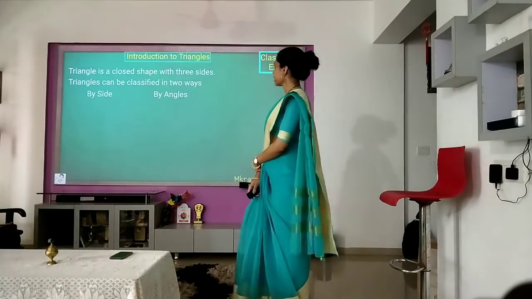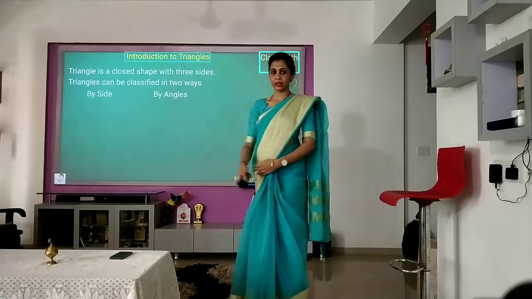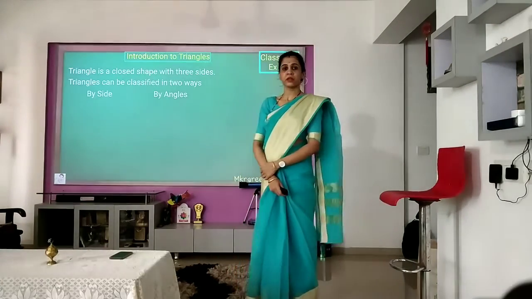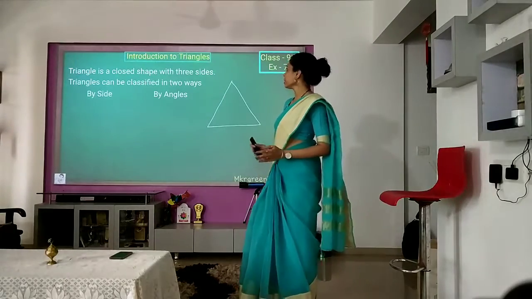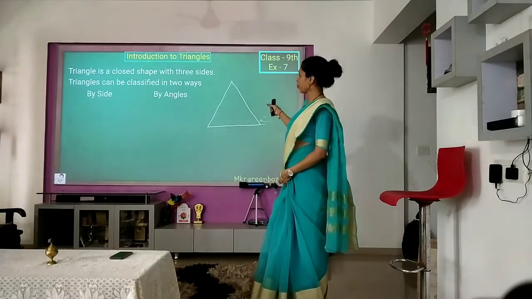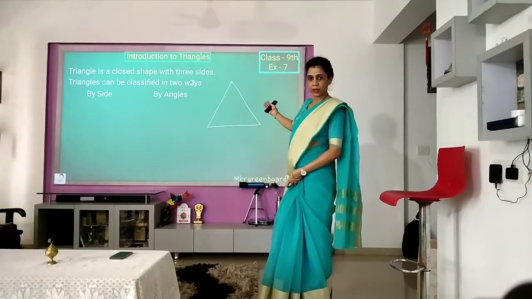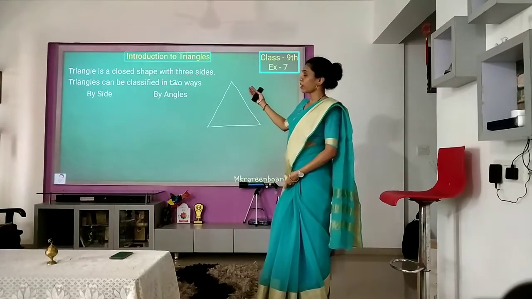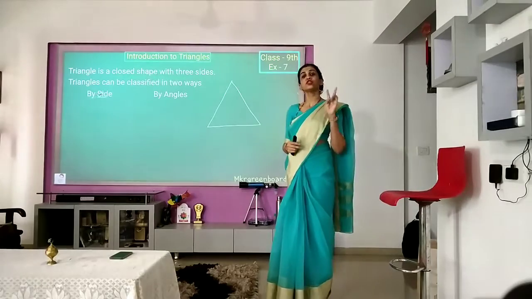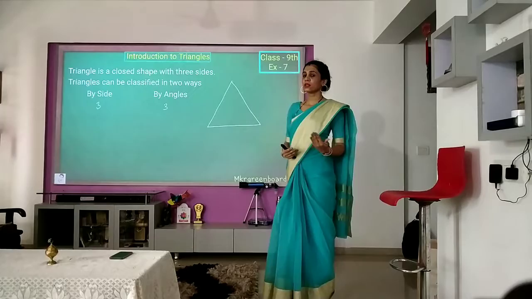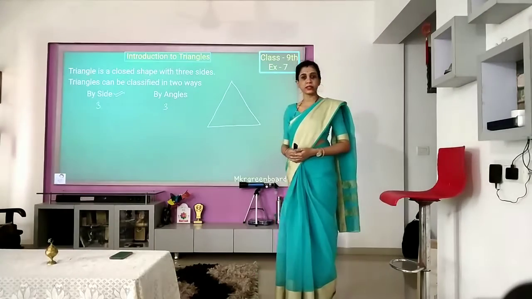So let us now begin the introduction to triangles. A triangle is basically a closed shape with 3 sides, as you can see in the diagram. Now, triangles can be classified in 2 ways: first, considering the sides, and another considering their angles.